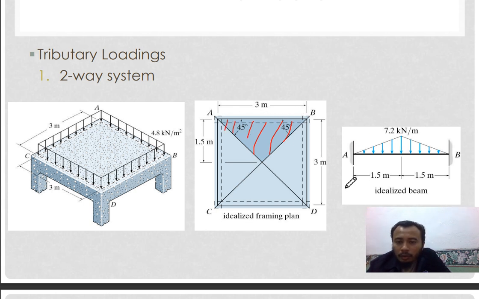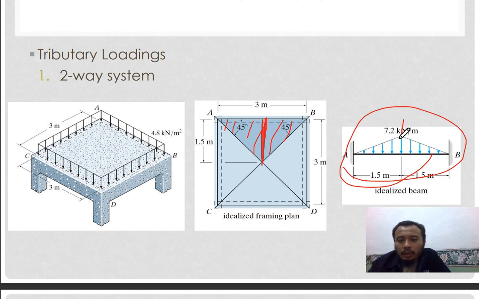So you have this distributed load, but a triangular distributed load. So the peak happens at the most area. The biggest area is at the mid-section. So as you can see, the peak is at mid-section and reduces up to the columns at A and B.